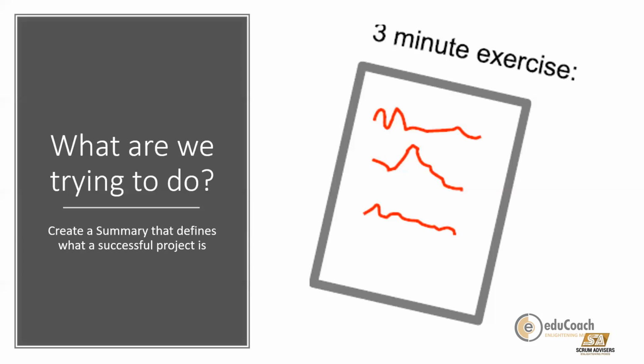I'll give you 3 minutes for this exercise, and your time starts now. What I need you to do is create the steps required for doing a successful project. If you were asked to do a project, what steps would you probably follow?